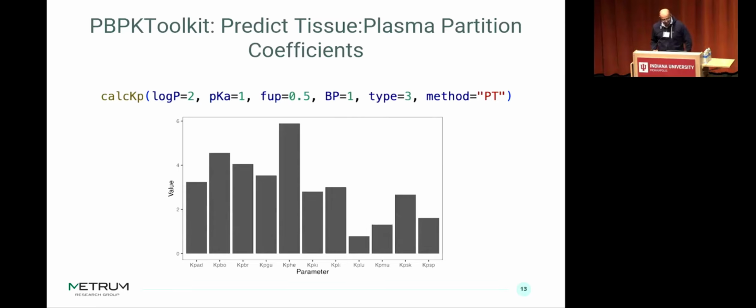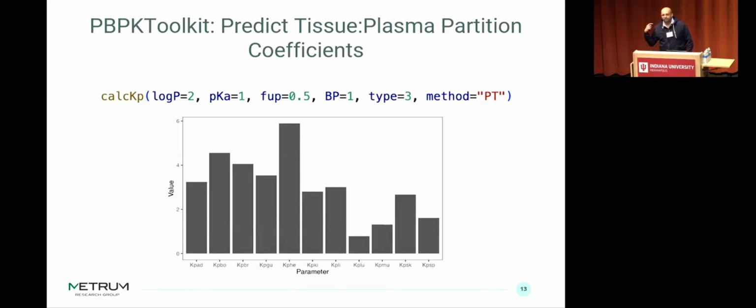All right, and this is the function that you can use. The function takes things like log P, which is a measurement of lipophilicity, pKa, the unbound fraction in plasma, blood to plasma concentration ratio, type, which is the type of the molecule, whether it's neutral, monoprotic acid, monoprotic base, dibase, stuff like that. I never liked organic chemistry.